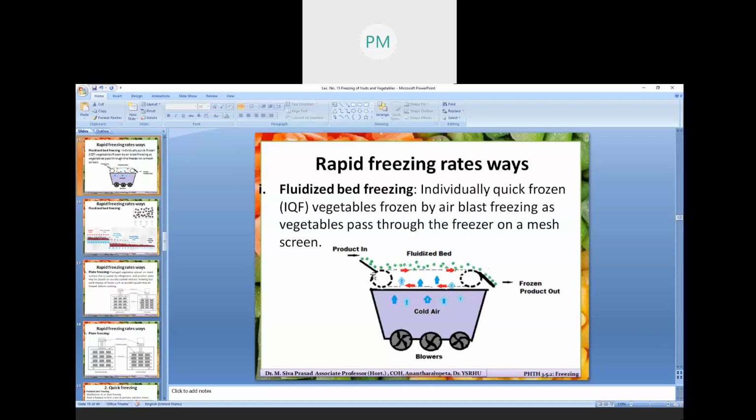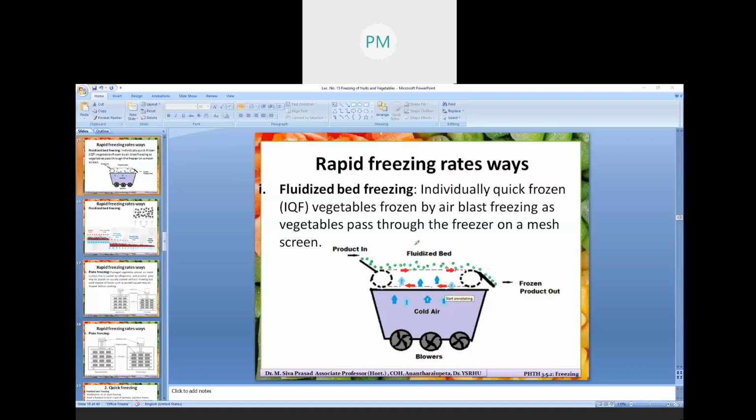So here, there is a conveyor belt over which your product runs. The cool air will be blowing from underneath. See, from here cold air will be blown. Products like strawberries, blueberries or grapes, or anything that needs to be frozen, can be allowed to pass through this conveyor belt or fluidized bed, and cold air will be forced onto this produce, and then it comes out of the conveyor belt, right?